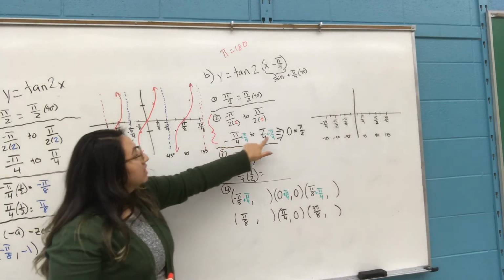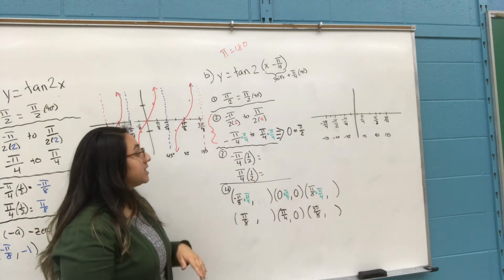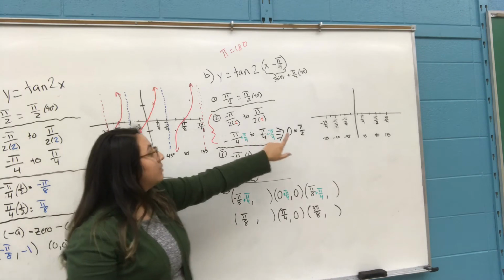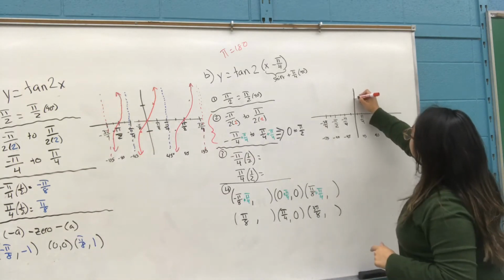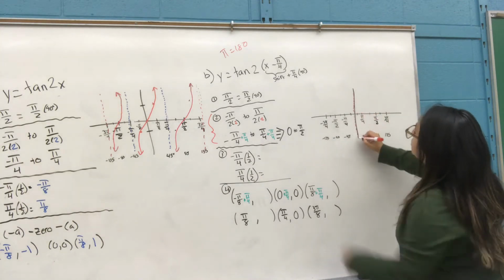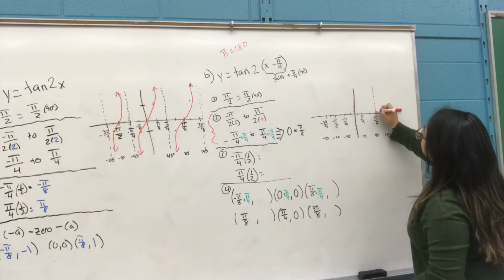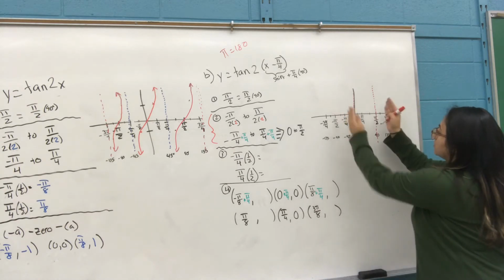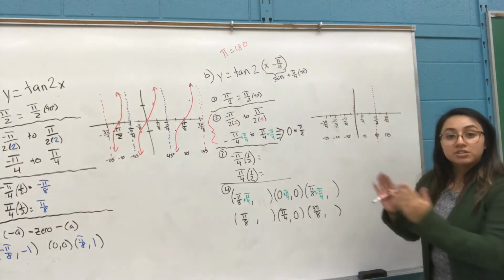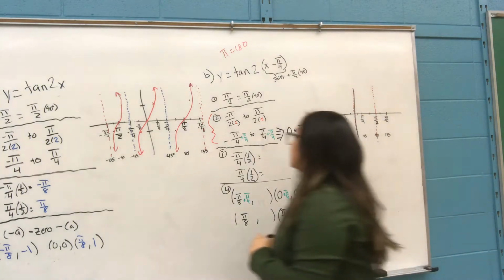Now, I added radians over 4, the shift change. So instead of having it from the original of these two, now we have it from 0. So if I were to draw it, it would be right there. Radians over 2. So it used to be from negative radians over 4 to positive radians over 4. It shifted to the right.